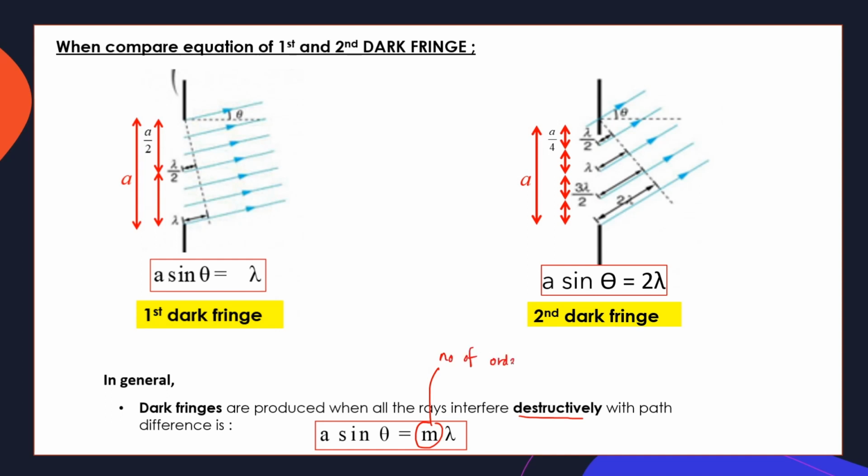So for the first dark fringe, the order number is m equal to 1, and for the second dark, m is equal to 2. For the third dark, the equation will be a sin theta is equal to 3 lambda, where m, the number of order, is equal to 3. So this is the general equation of destructive interference, or the dark fringes equation.